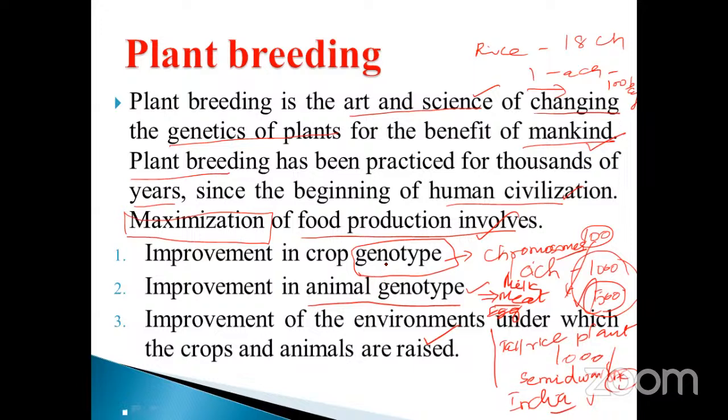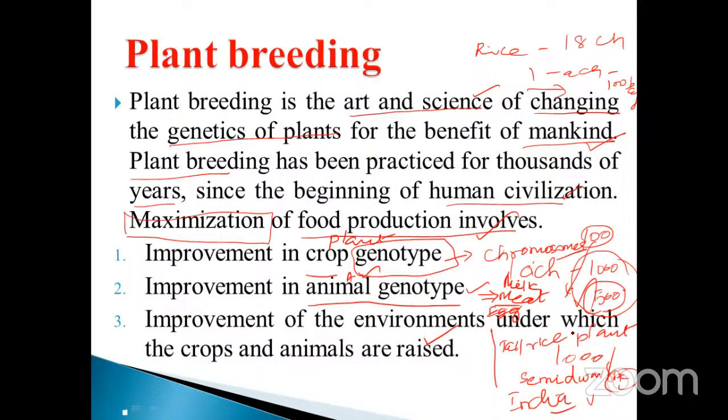First of all, you should change the genotype of a plant. A crop is nothing but a plant. Animal genotype is also very important because both are interrelated; without plants there are no animals, because we all depend upon the autotrophs, that is, plants.